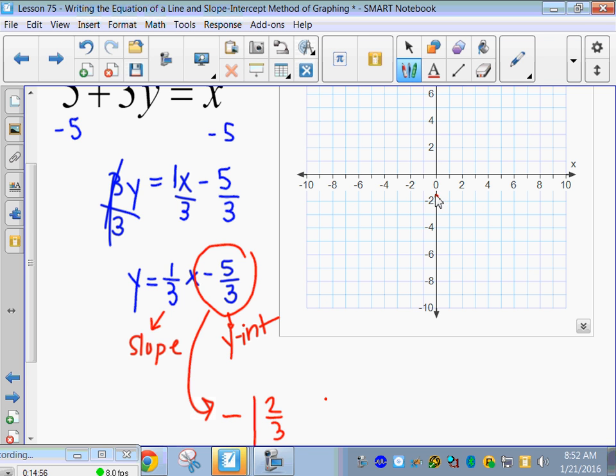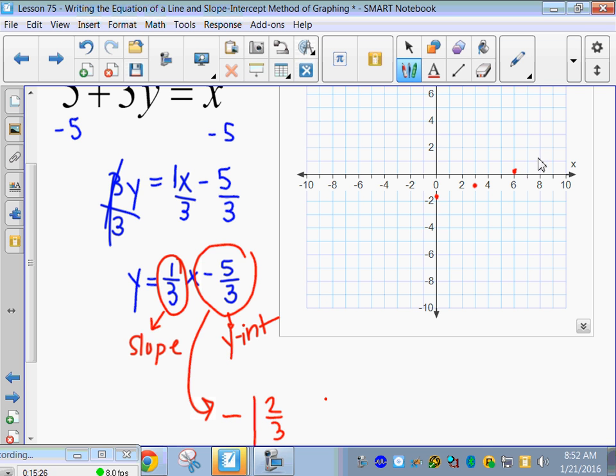So what we're going to do for our slope is positive, positive, I've got a slope of 1/3. So positive, positive means I'm going to move, Isaac, which directions? Up and right. So when you go up 1, you should be like a little above -1. And then over 3. 1, 2, 3. Okay? And then when you go up 1, now I'm a little bit above 0. 1, 2, 3. So we're just a little off.